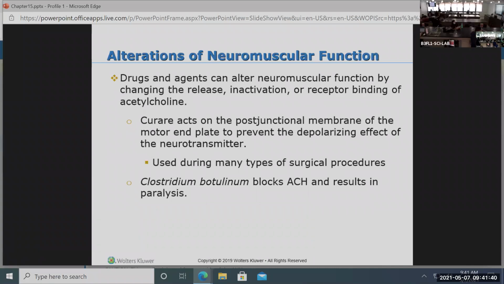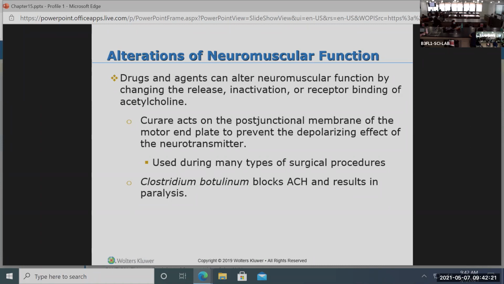Okay. Now move on to alteration of neuromuscular functions. There are some drugs, some agents, some chemicals that can alter neuromuscular function by what? By changing the release of neurotransmitter, number one. Number two, inactivating those neurotransmitters.